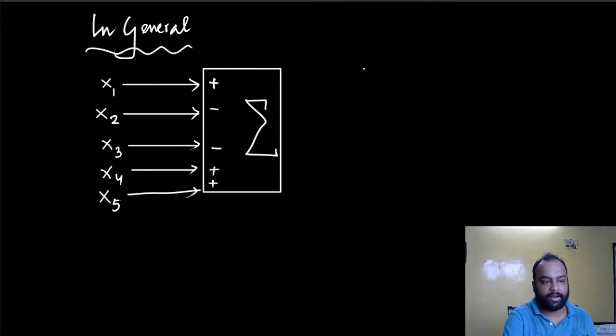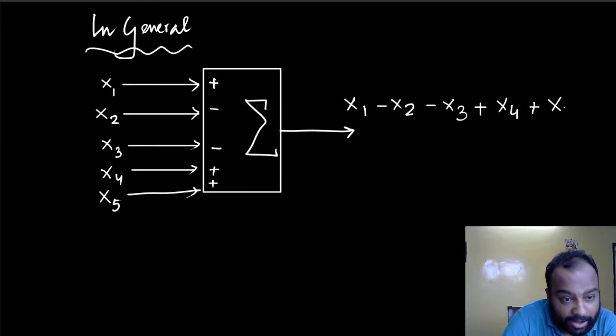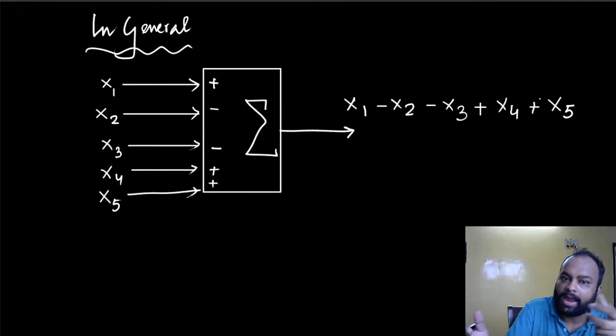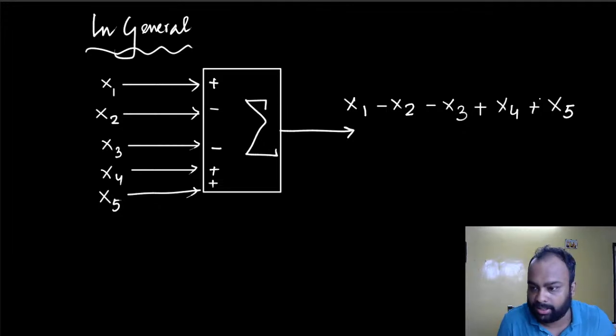I think this is self-explanatory. The output that is generated out of these is x1 minus x2 minus x3 plus x4 plus x5. And in fact, you shall learn during this course at some point how to actually construct these kind of blocks, because you will be required to actually construct this kind of blocks. So if you have more than 3 inputs, this is the way to go. And this is pretty self-explanatory, right?